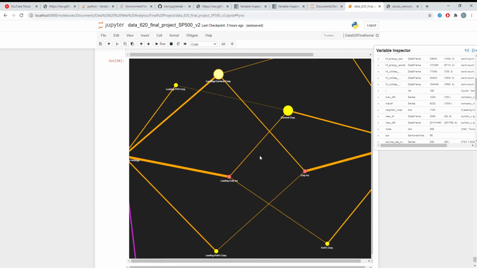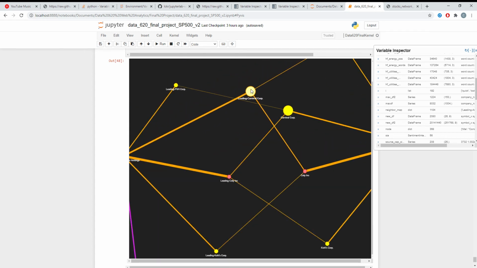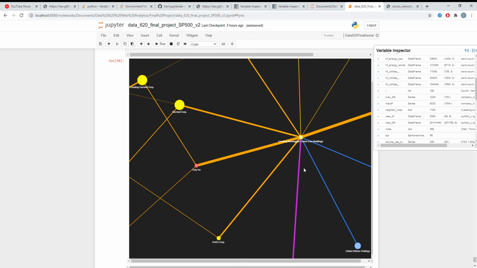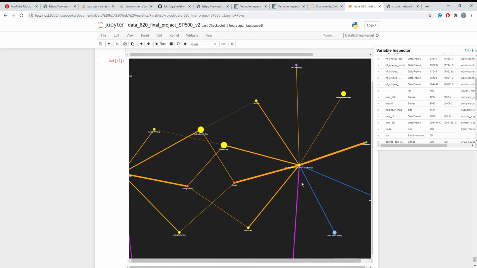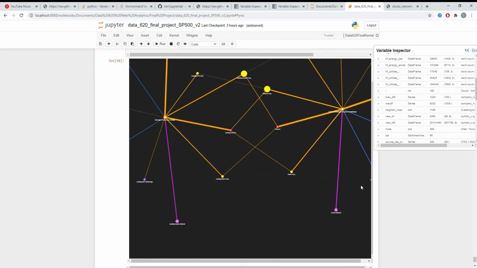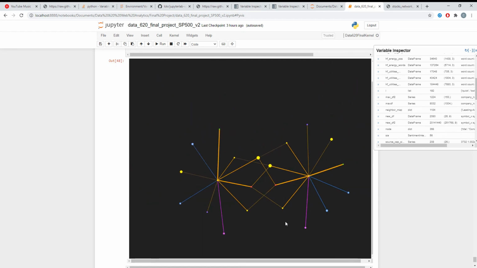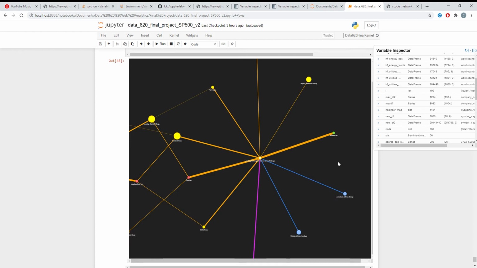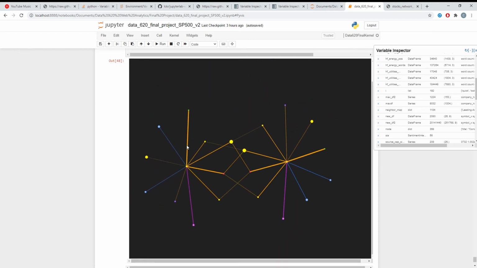And then over here you can see some of the other ones. Norwegian Cruise Lines actually is a leading indicator for a lot of these same stocks. If we look at it, it's really a symmetrical looking graph in reality.